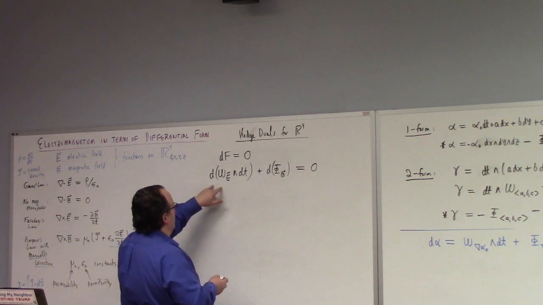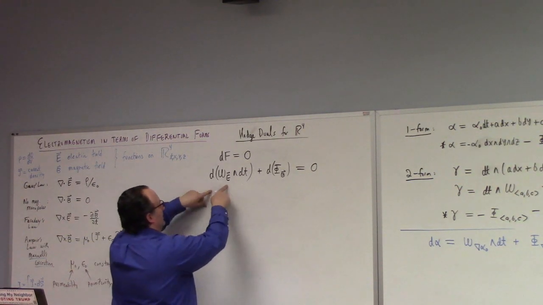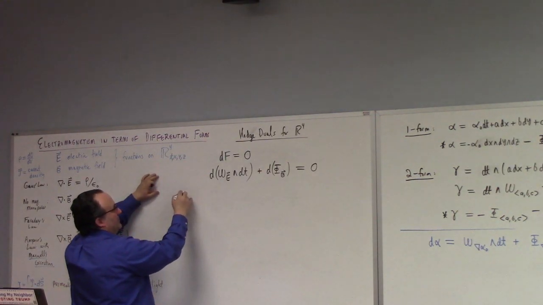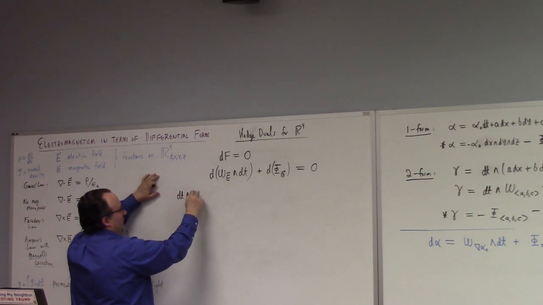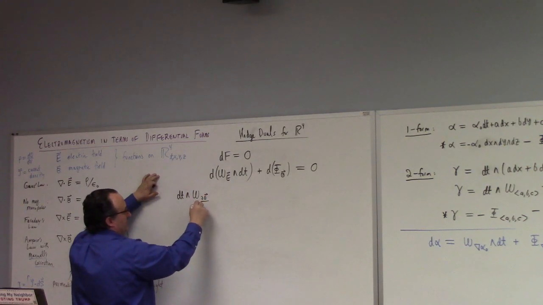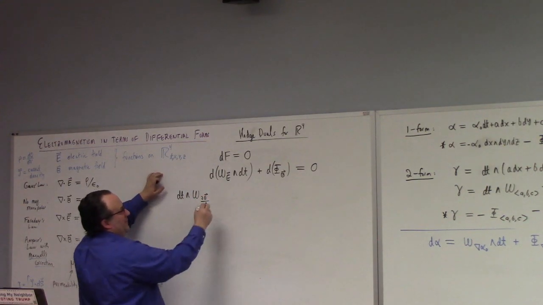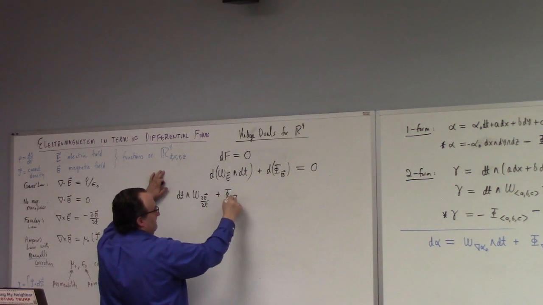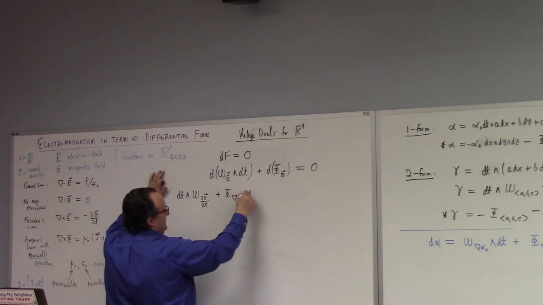So if we think about it, we're going to have like 2 pieces essentially. We'll have dt wedge the work form of partial E, partial t, and then plus the flux form of the curl of E, wedge dt.